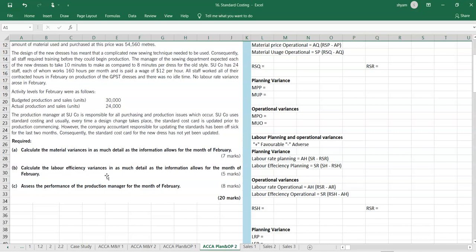Calculate the labor efficiency variance in as much detail as the information allows for the month of February. So they are also asking for the labor efficiency variance alone. They don't want all the variances, so we'll do accordingly.